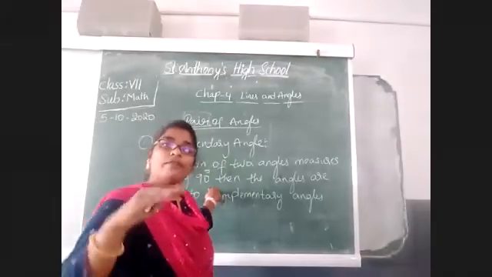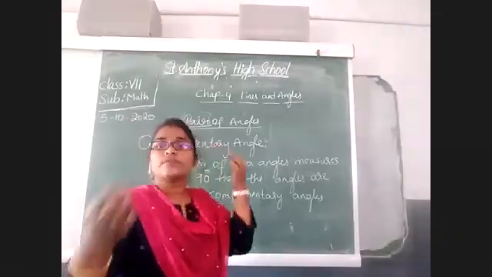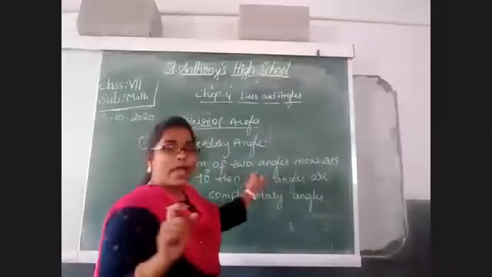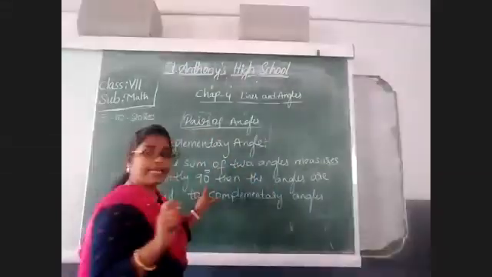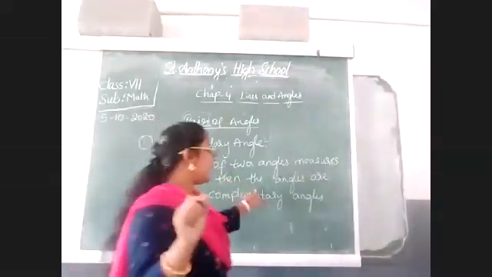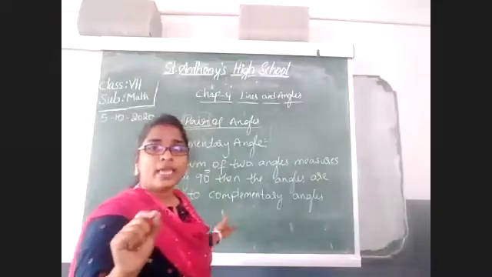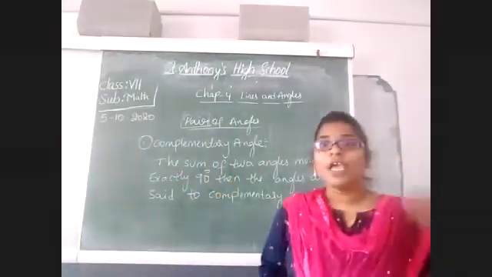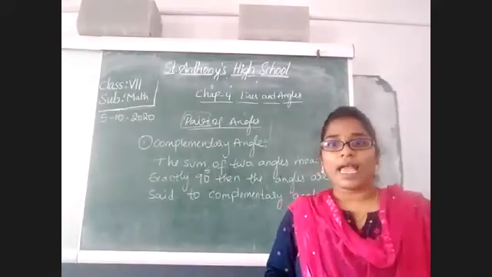We should not get more than 90, nor less than 90. When we are adding two angles, if we get exactly 90 degrees, then the angles are said to be complementary angles.